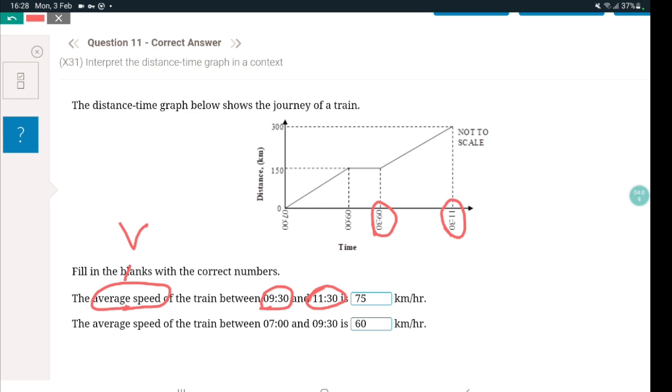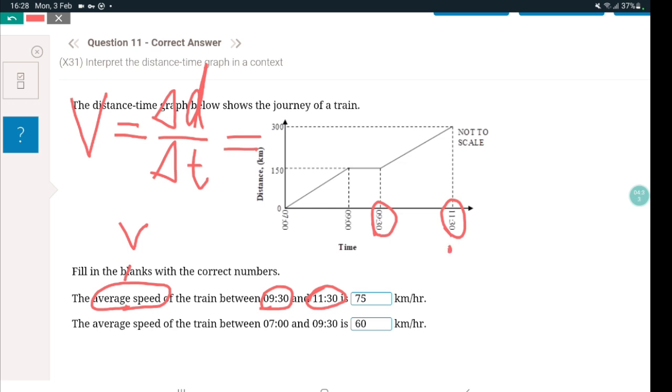To find the average speed, which is velocity, v equals delta d over delta t. Delta meaning final minus initial. The next step is to take the final distance, which is here.